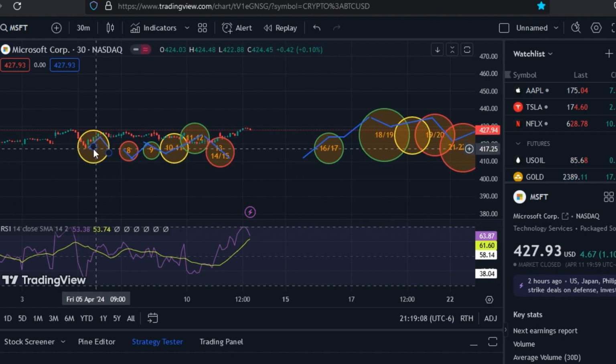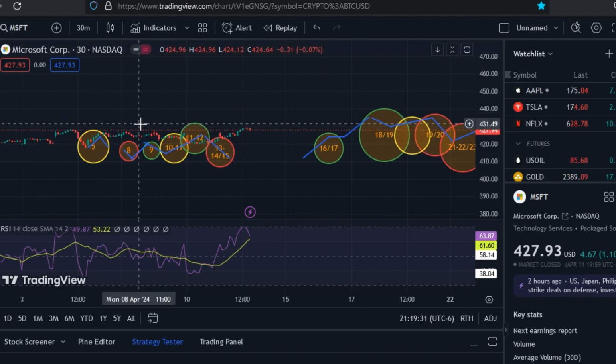Now, what happened on April 8th? I was predicting a red day, like the entire day would be downtrending. Let's make some zooms. This is where April 8th begins, and it opened at a 424 price. Let's see where it ended.